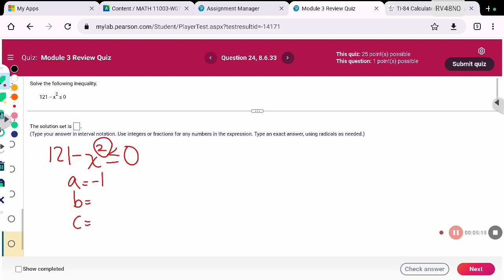Your B is in front of x. Since there's not an x, that would be 0. And C is your constant, which is 121. So that's what I'm going to put in my quad calculator.